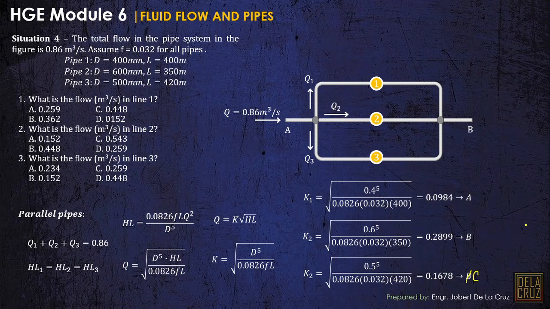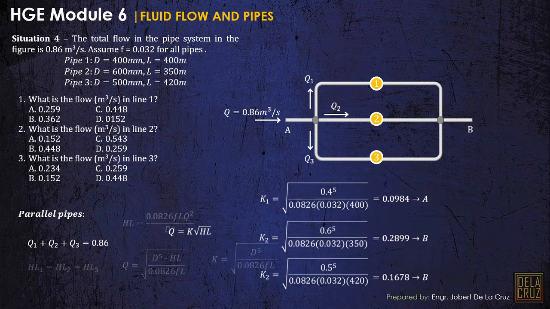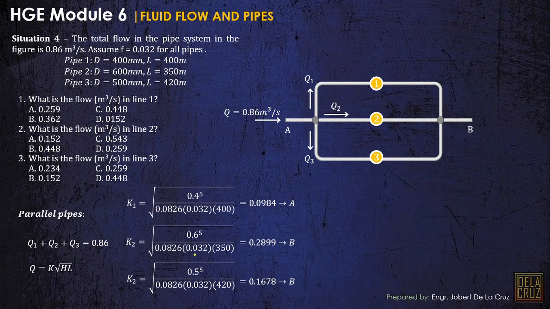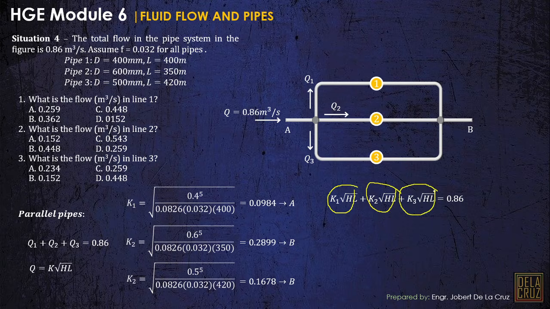Okay? So, move ko. So, following this equation here, and Q being K square root of HL, magiging ganito yung equation natin. This is Q1. Okay? This whole term is Q1. This whole term is Q2. This whole term is Q3. Now, as we can see, we already have K1, K2, and K3 here.